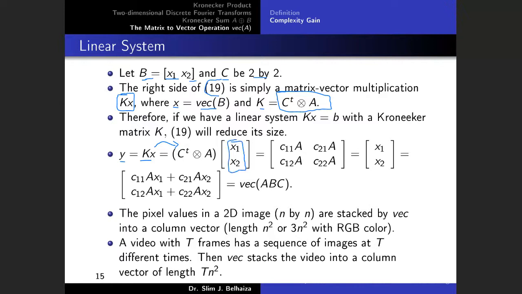This derives the vectorization of ABC. And at the end of the day, you see that the pixel values in 2D, this is used in images to reduce the size of operations that are needed, and it is also used in the framing of videos.